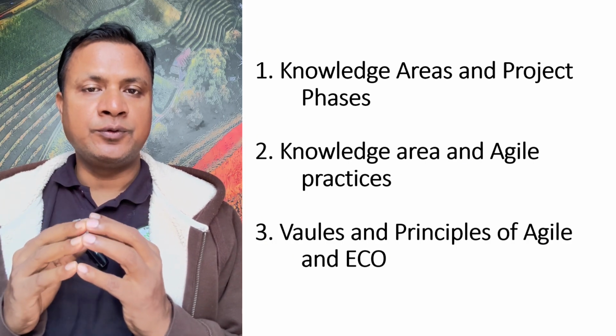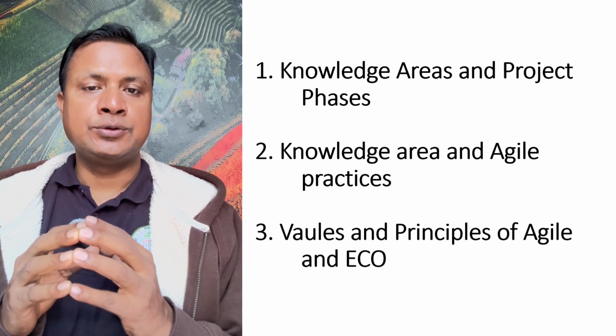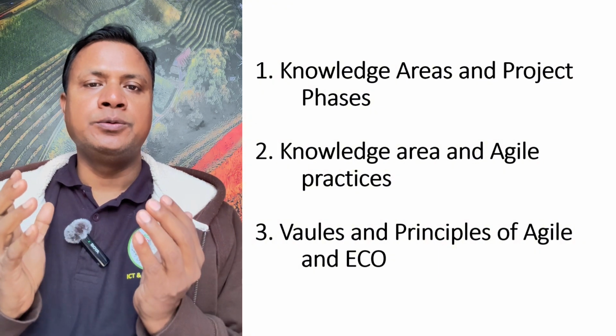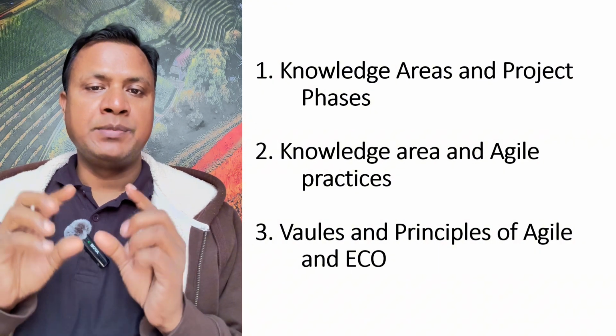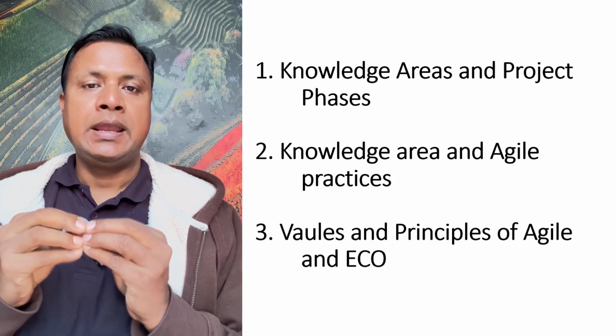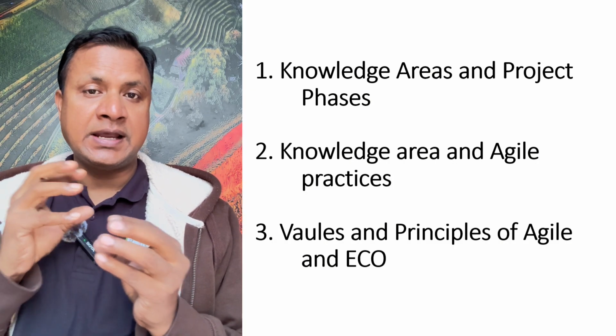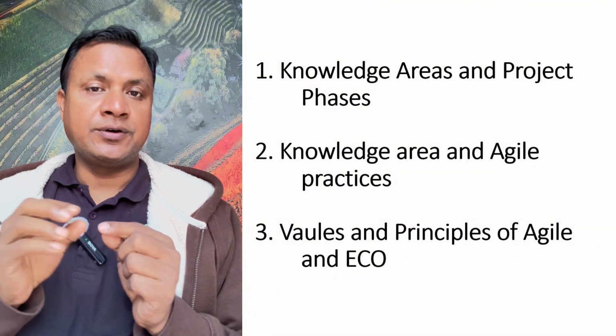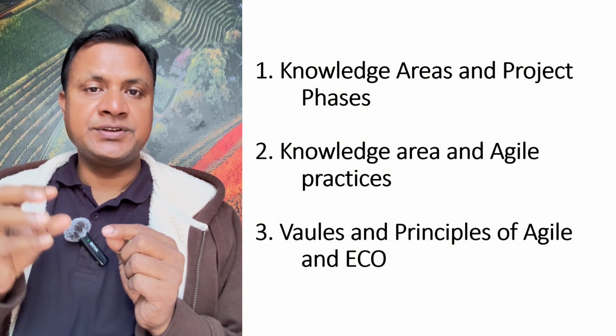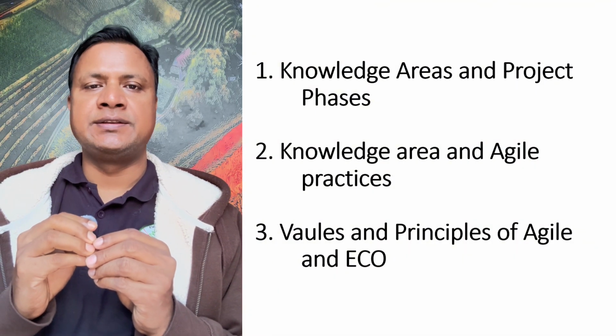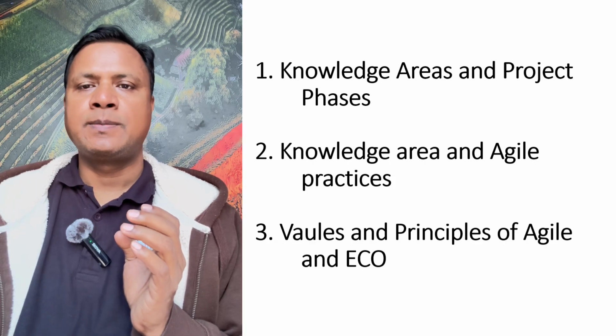So these are the three aspects. To understand the whole view, how each of the major areas are connected, and how the agile practices are different or have distinct features, we can understand this from this video.